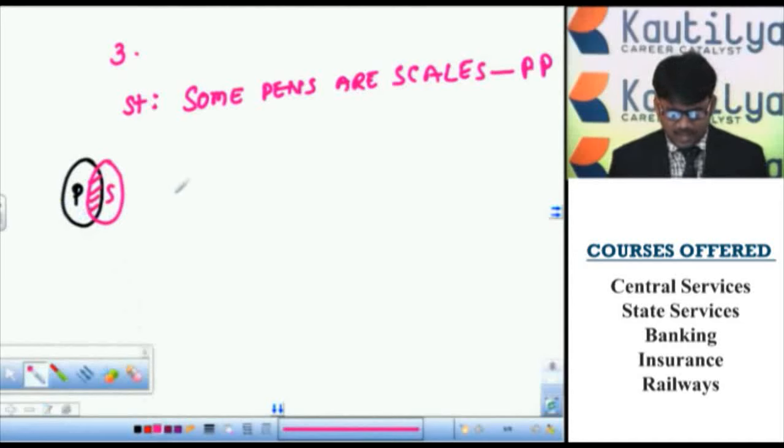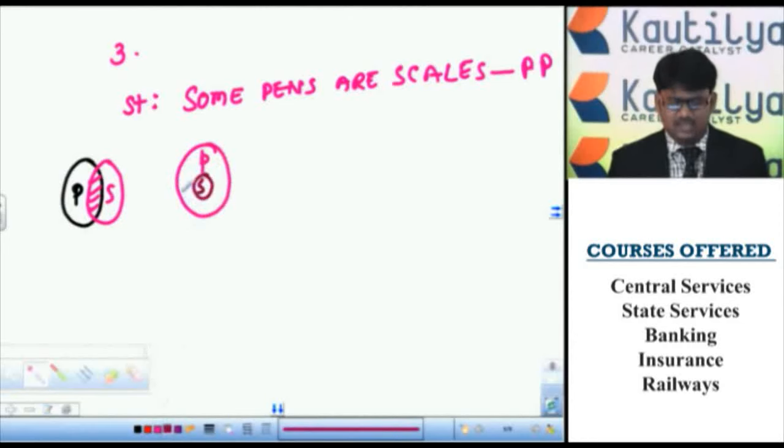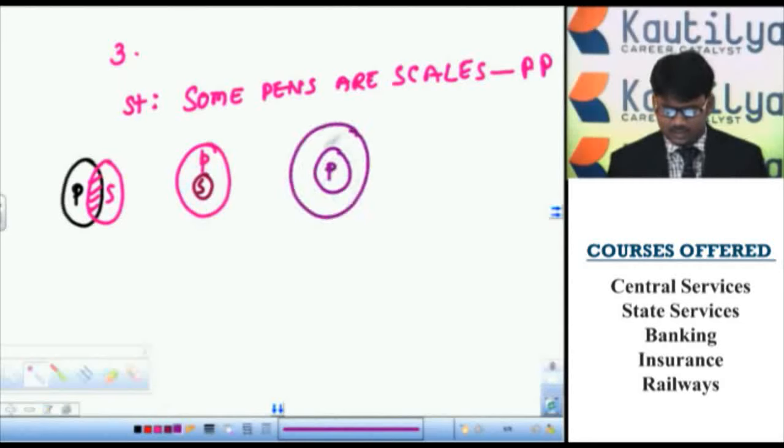In the second diagram, we take the pens, and some of the pens belong to scales. In the third diagram, you take the pens in which all pens belong to scales, but we want some of the pens belonging to scales. This is another representation.